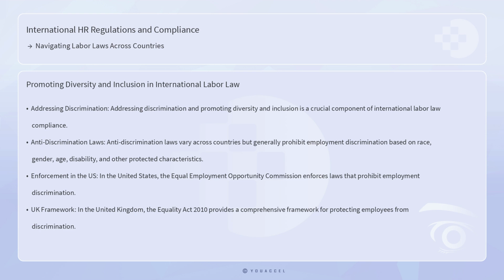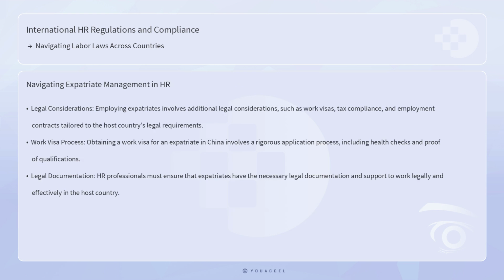In the United States, the Equal Employment Opportunity Commission enforces laws that prohibit employment discrimination, while in the United Kingdom, the Equality Act 2010 provides a comprehensive framework for protecting employees from discrimination. HR professionals must implement policies and practices that promote diversity and inclusion, ensuring compliance with anti-discrimination laws and fostering an inclusive workplace culture.